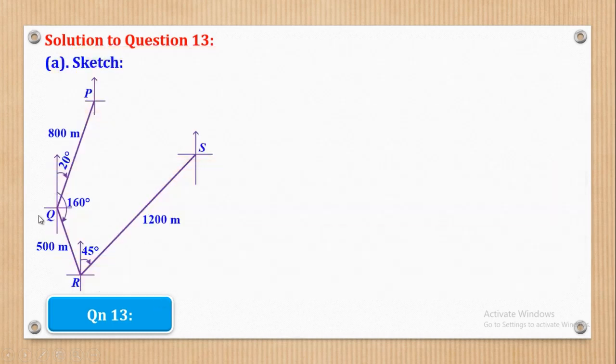You come at Q, draw your compass, and bearings are angles measured from the north. So from the north, measure your 20 degrees in a clockwise direction. From here go this side 800 meters and you reach P. When you reach P, also draw that compass.